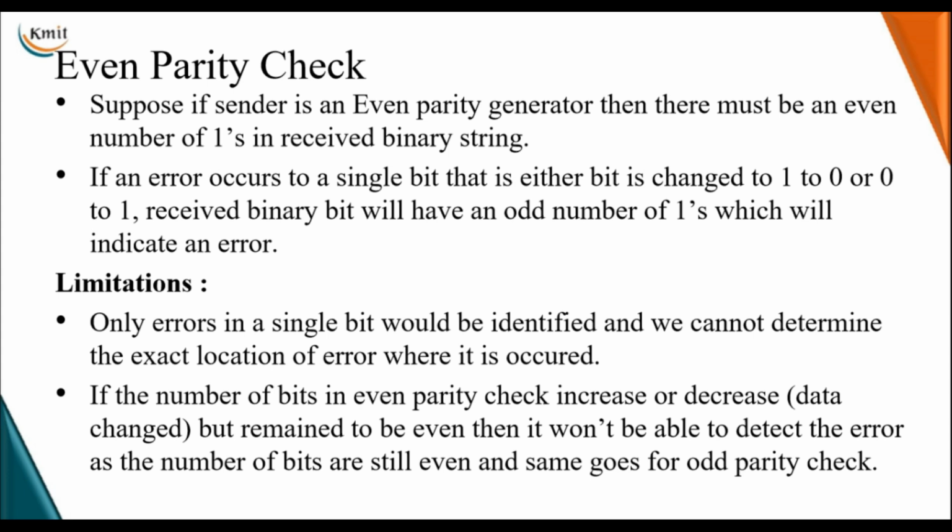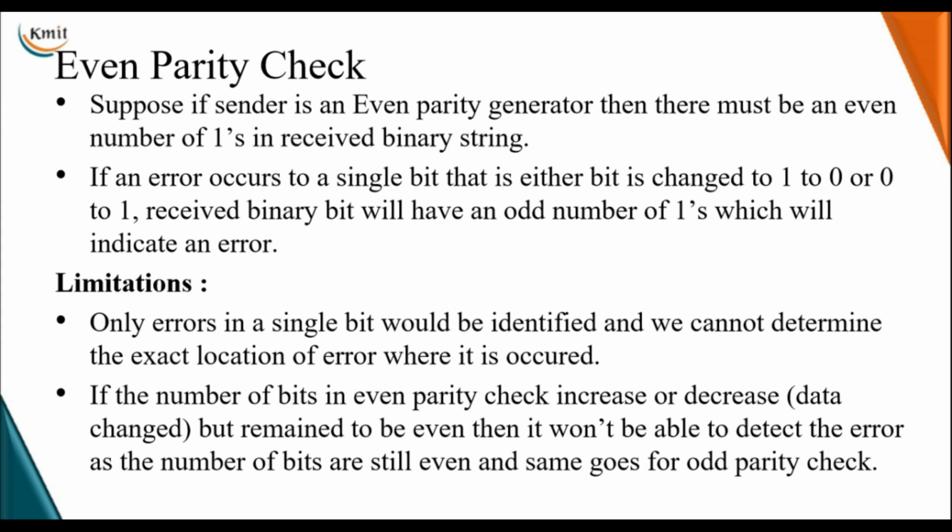First it will count the number of ones. If the sender sent 4 ones, and you receive 6 ones after multiple changes, it will count the number of ones only. If it matches the even parity, then it doesn't ask for retransmission from the transmitter end.